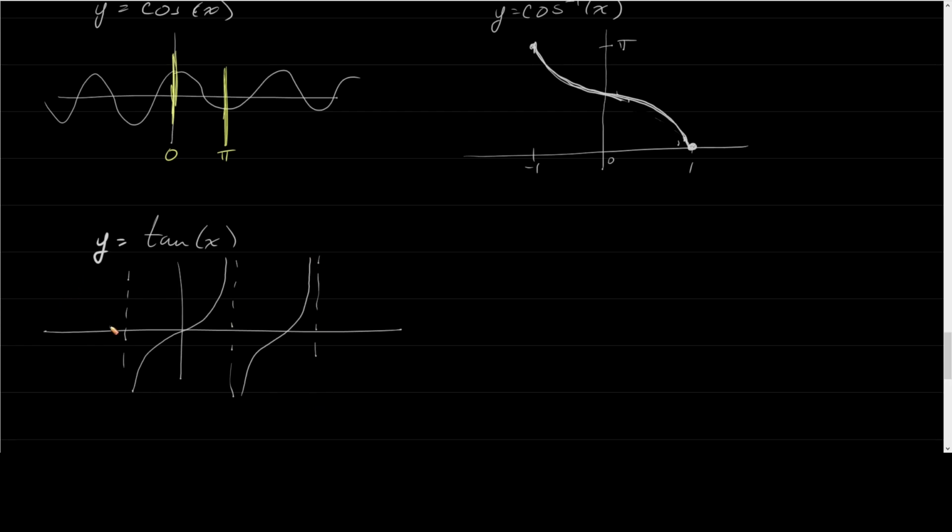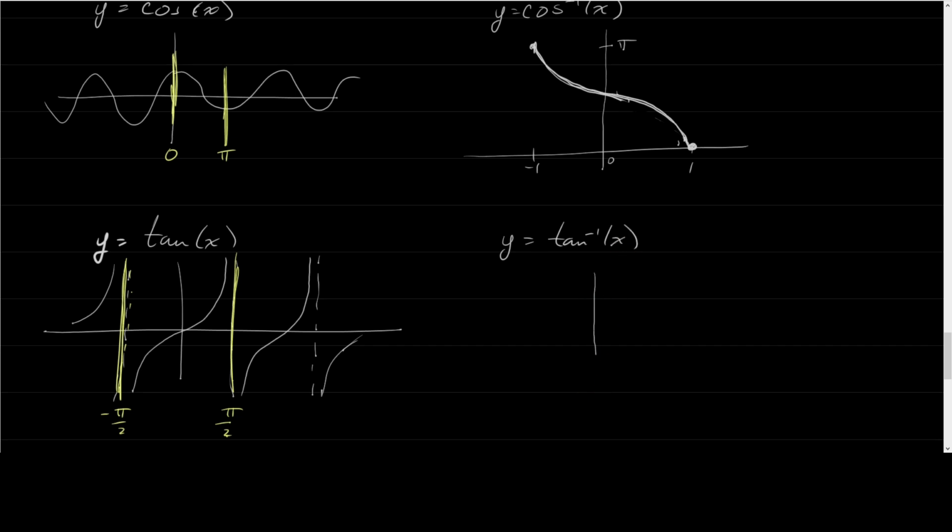And again, it fails the horizontal line test. So technically it doesn't have a true inverse, but we're going to restrict this to just the first region here, from negative pi over 2 to positive pi over 2. And for the inverse of that, let's look at what the graph looks like. So this is going to be y equals tan inverse of x.